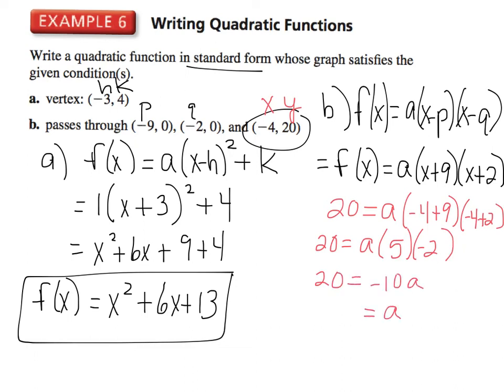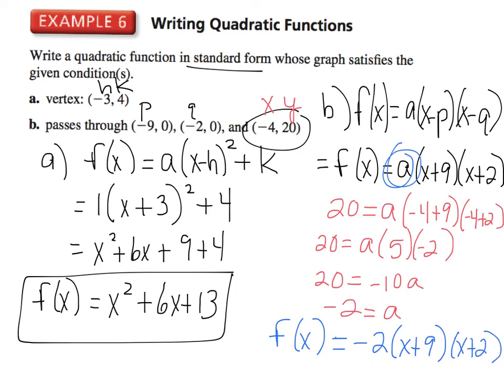That gives me a equals negative 2. So a is negative 2. So I plug that in. F of x equals negative 2 multiplied by x plus 9 times x plus 2.